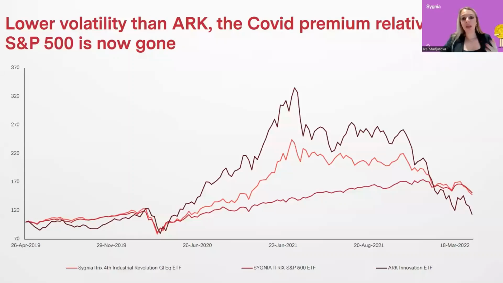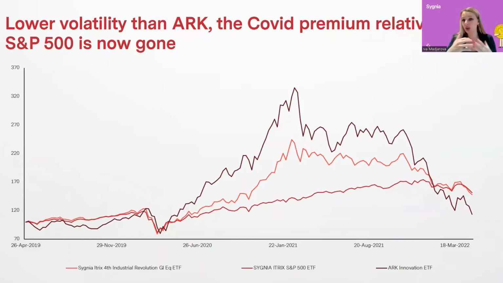But looking over the long term, what we're looking at over here is the Fourth Industrial Revolution Fund measured by the ETF performance against the S&P 500 and against another innovation fund that's available out there, which is ARK, Kathy Wood's ARK Innovation Fund. And what we can clearly see is, firstly, that both of these outperformed the S&P 500 over the long term.